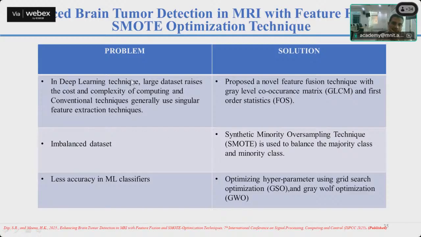Whenever you are seeing any research, find out the problem and what solution can be suggested.